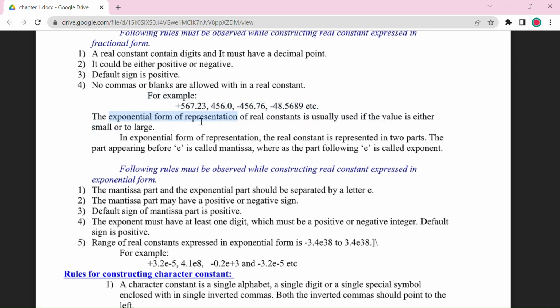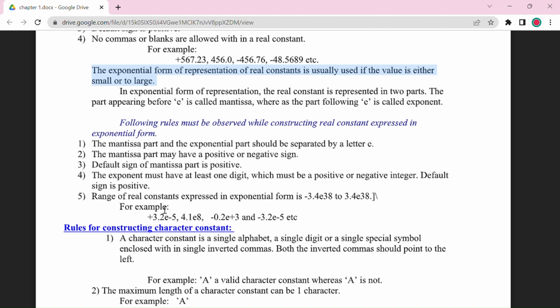The exponential form of representation of a real constant is usually used if the value is either too small or too large. If you have a very large value, or a really small value, then you can use the exponential form. In the exponential form of representation, a real constant is represented in two parts. The part appearing before E is called the mantissa.